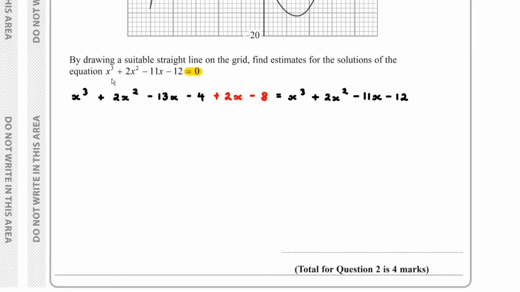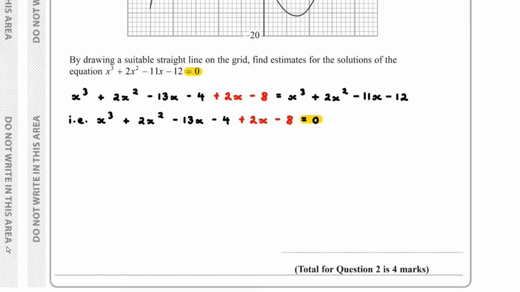So, instead of us having x cubed plus 2x squared subtract 11x subtract 12 equaling 0, we can write x cubed plus 2x squared subtract 13x subtract 4 plus 2x subtract 8 equaling 0. These are the same equations.